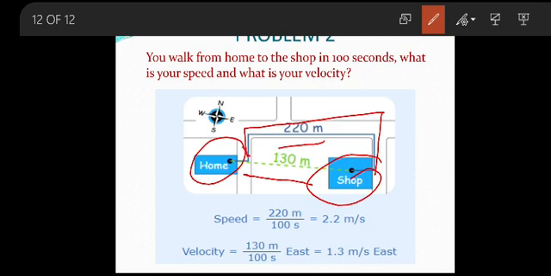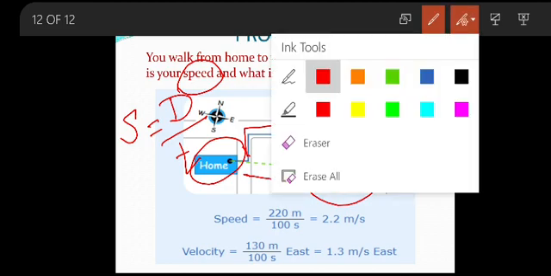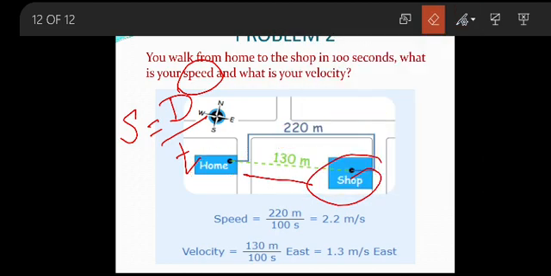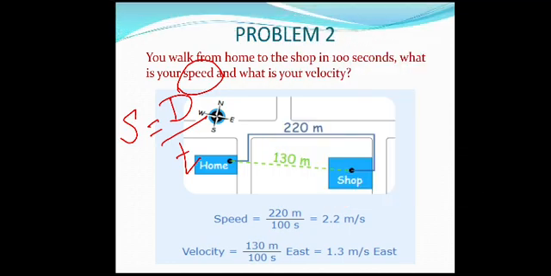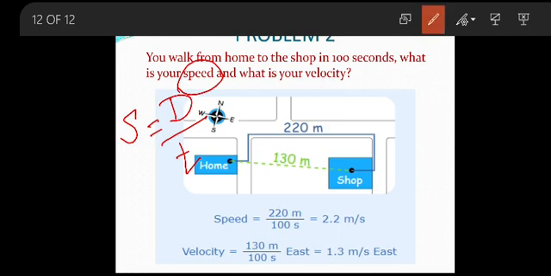So now, what is the formula to calculate speed? Speed is equal to distance by time. What is the distance? Distance means it is the longest path. In this case, my longest path is 220 meter. So that becomes my distance.